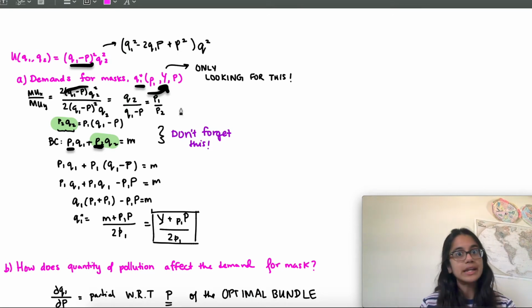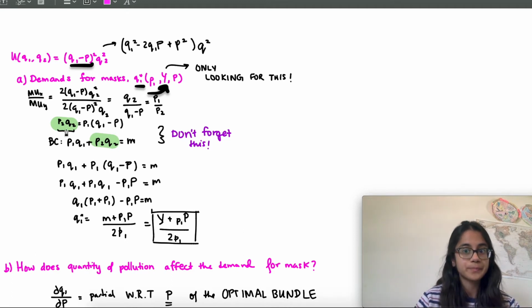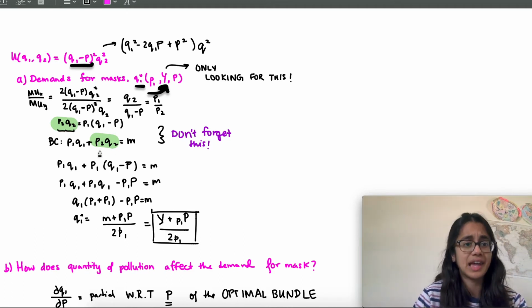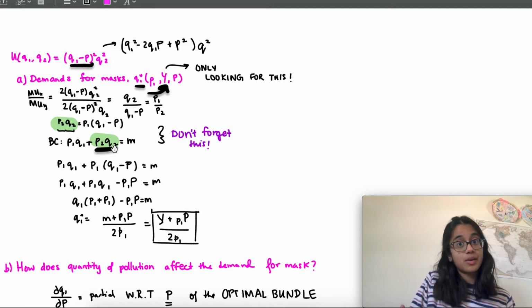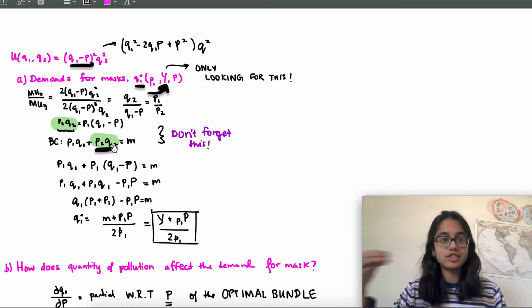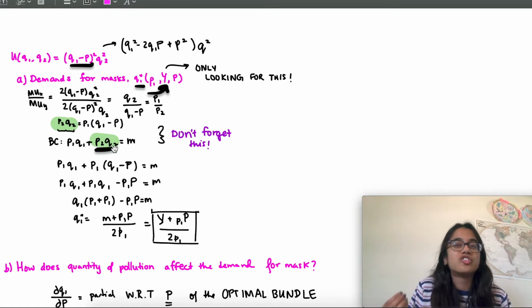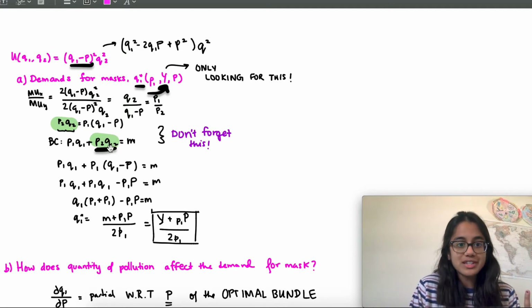Now, just like we did before, do cross multiplication. The trick here, if you want to save yourself a lot of trouble: when I multiply this, I get P2 times Q2. If I know that this is the same thing as part of our budget constraint, and remember, we're plugging this back into our budget constraint because we're constrained by our income, then would you rather complicate things and solve for one variable, or just equate the two?